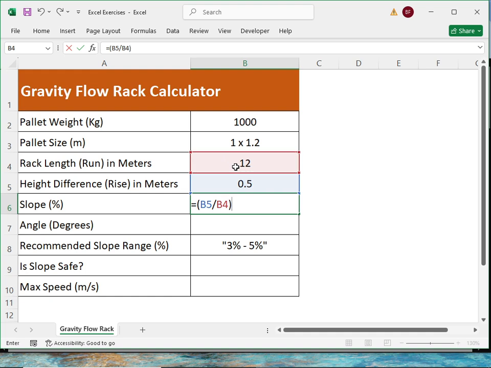Then I close the parenthesis and multiply by 100, and our slope percentage is 4.17, given the 12 meter rack length and the rise of 0.5. This 12 meter length of the gravity flow rack will depend on the size of the warehouse or the floor area of the warehouse.